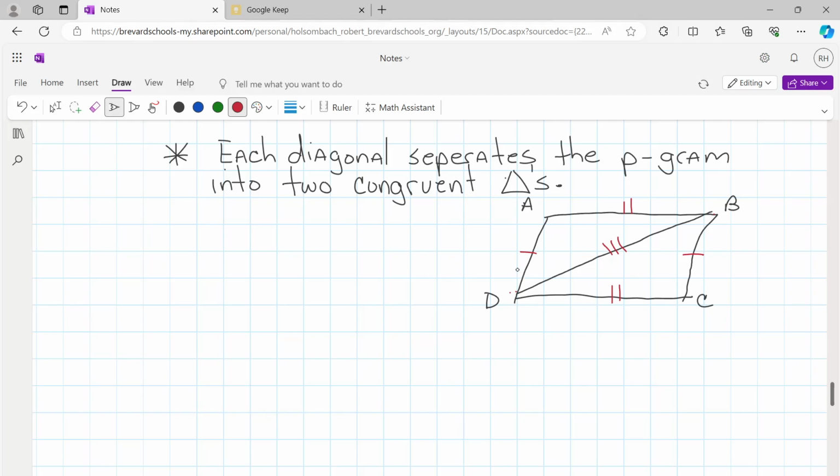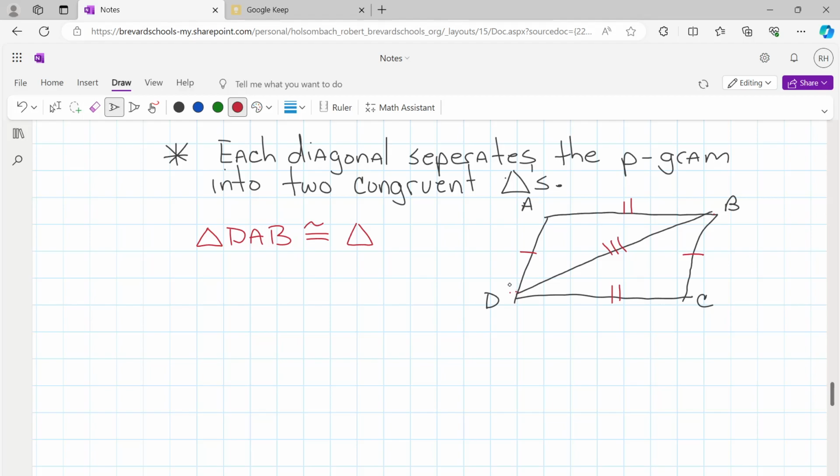So if we had to write a congruence statement in order to solve an equation to find some side lengths or to solve for a variable, we could say that triangle DAB is congruent to triangle. Now look where we went here.